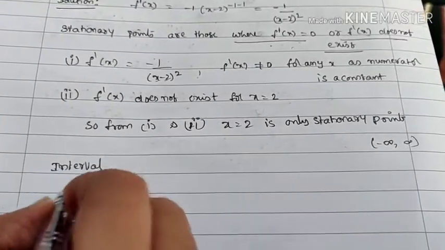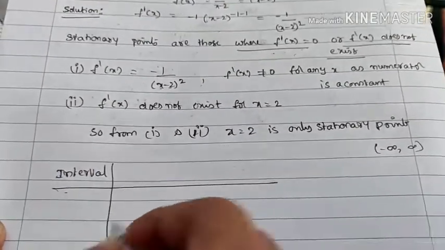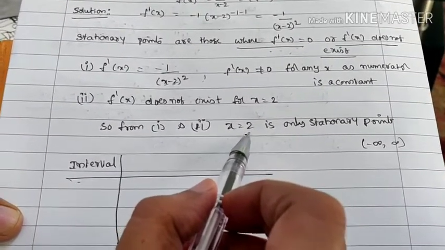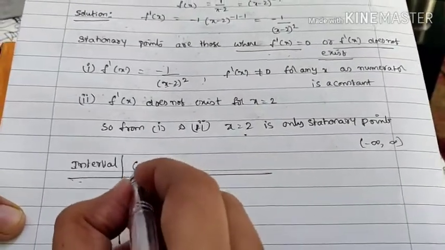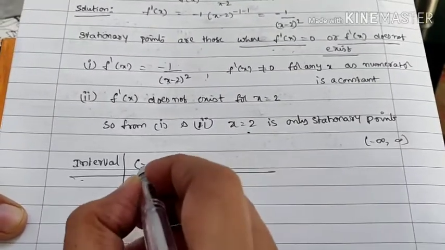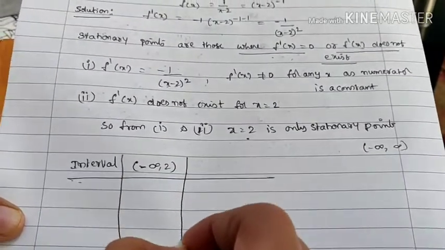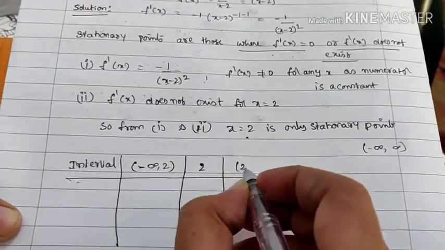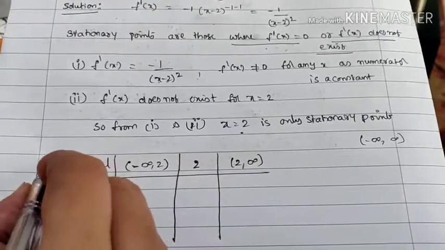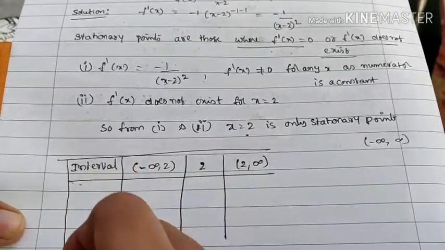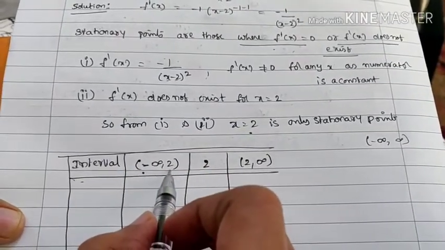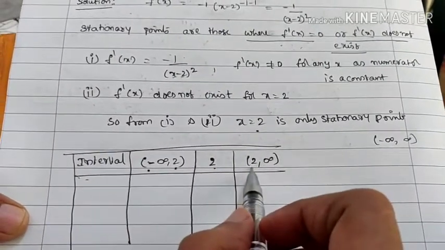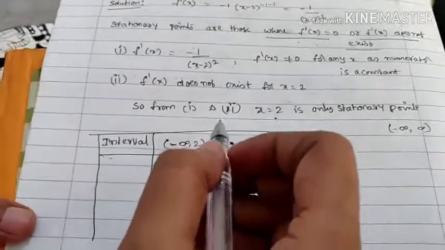You can split the interval at the stationary point: minus infinity to 2 is one interval, at 2 you have to test, and then 2 comma infinity. So we have split like this.